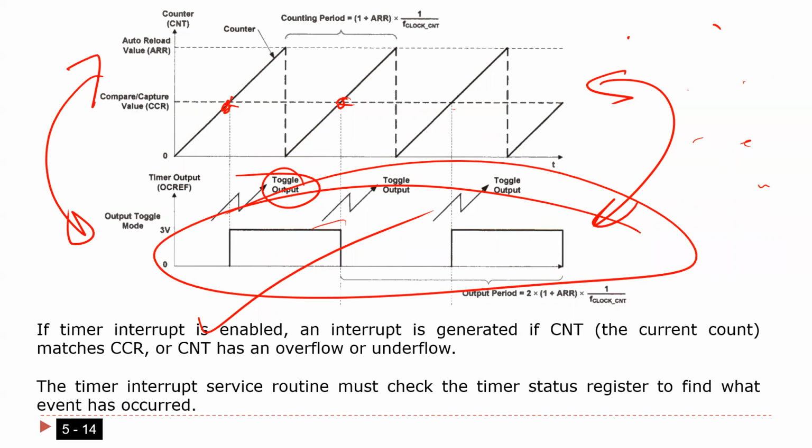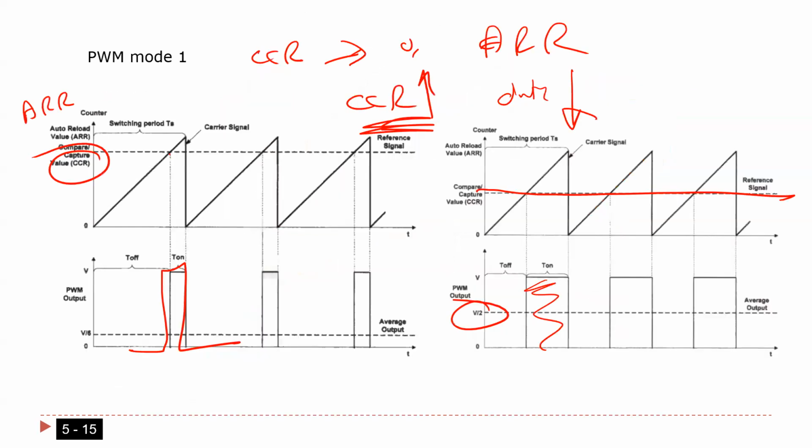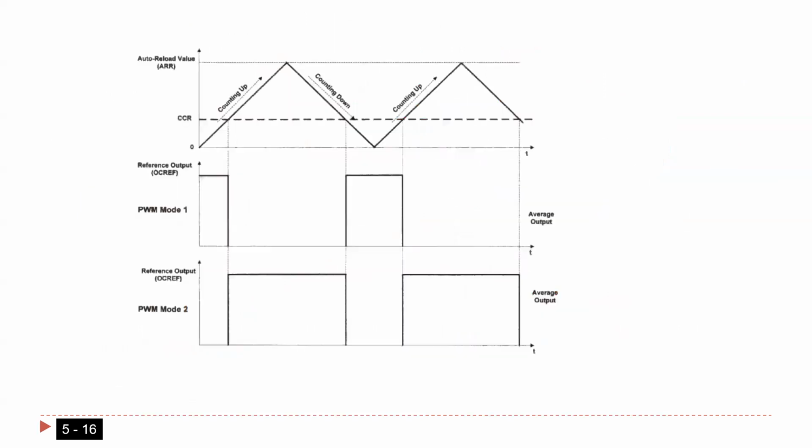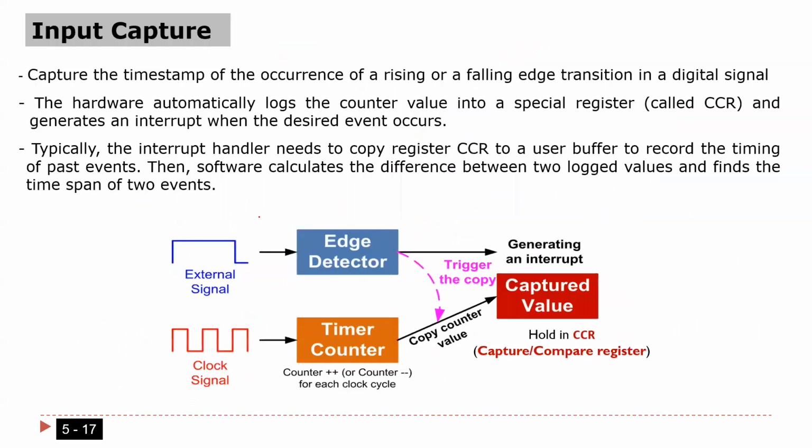But you should know that you are going to have an interrupt here. Every overflow, we have one interrupt, and also every time it is equal, here and here and here, we have another interrupt. Sometimes you need them, as I'm going to explain later. If you want to use this, you can generate different signals. Forget the details; for sure they are coming, how we can use it.